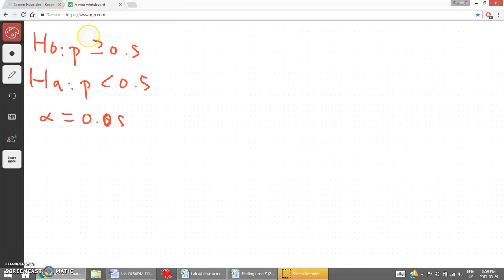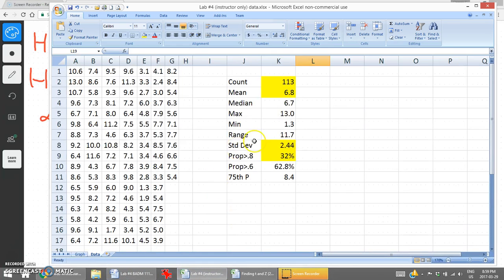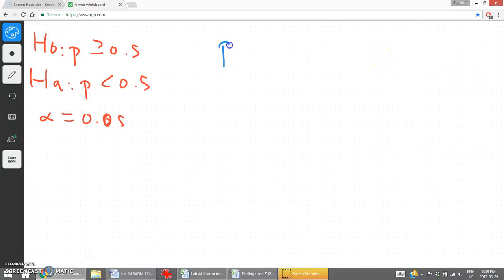Our sample data back in our Excel sheet showed that the proportion of French fries greater than 8 centimeters is 32%. So our sample data is this, and we have 113 French fries. Because it's a proportion, well, the process is the same.